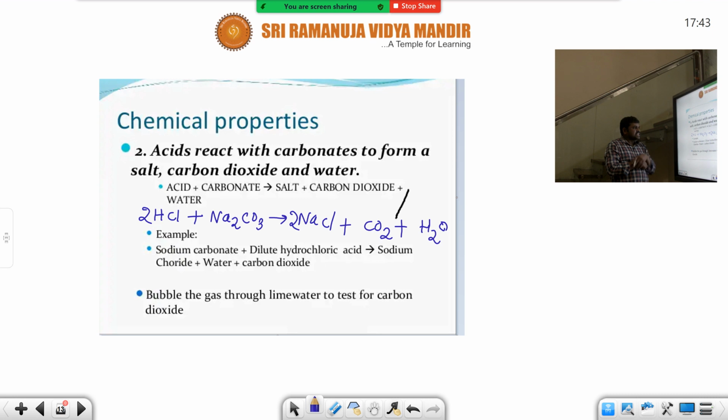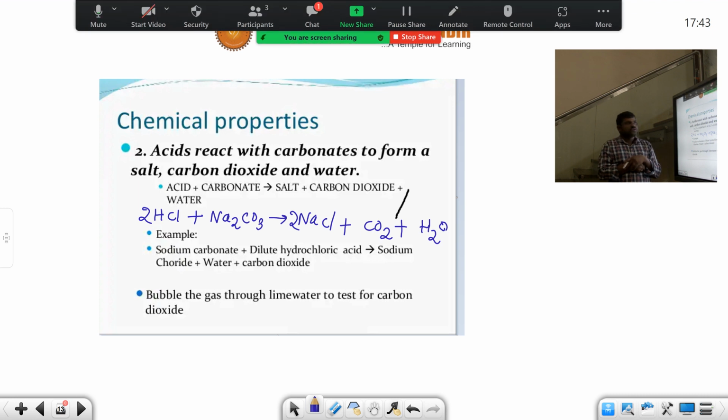HCl is the acid, reacting with the corresponding carbonate. Not only sodium carbonate, we can take magnesium carbonate, calcium carbonate, aluminum carbonate, and so on. Here it produces carbon dioxide and water. Acid HCl with carbonate Na2CO3, sodium carbonate, gives NaCl, the salt, CO2, carbon dioxide, and water, H2O.